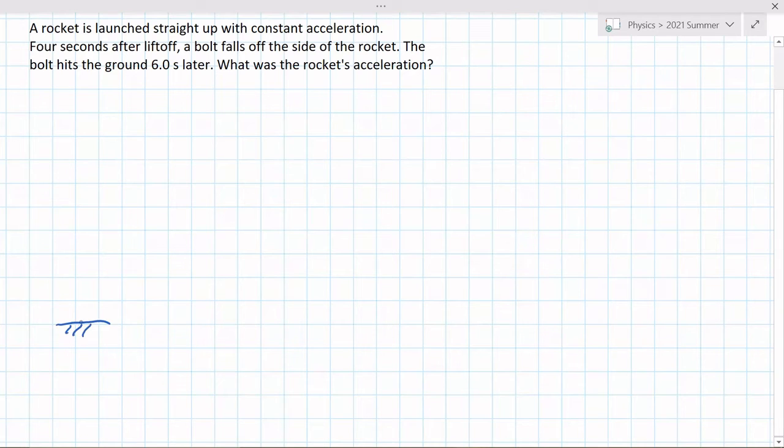So let's say here on the ground, initially this point represents the rocket and the bolt. And really, we just need to think about the bolt because it's the bolt going up and the bolt coming back. All that the rocket is doing is providing the constant acceleration for the first 4 seconds. So the rocket and the bolt go straight up for the first 4 seconds.